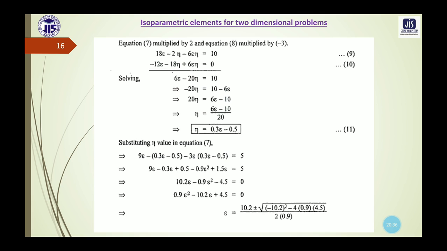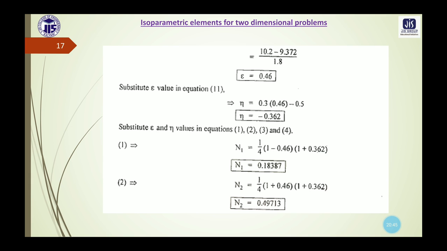So from this we can use the formula which is very familiar to us. Finally we get the value of epsilon as 0.46. Now if we put this value of epsilon in equation number 11, then we can calculate the value of eta as minus 0.362.